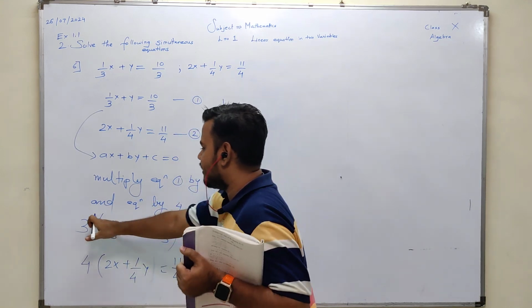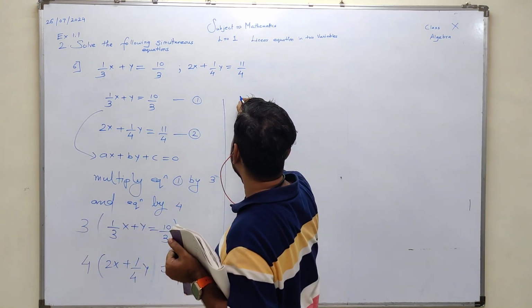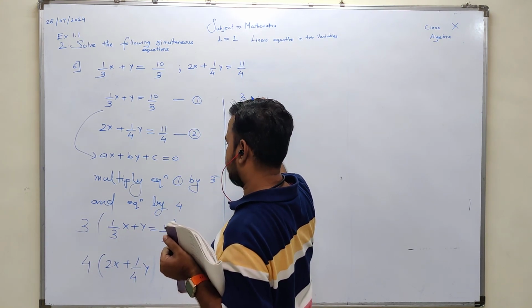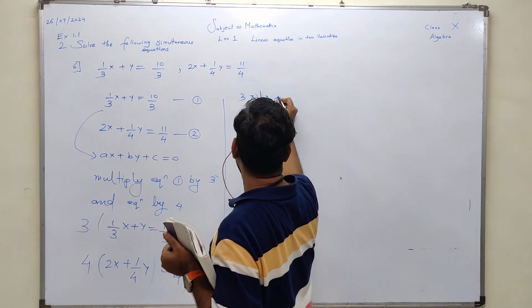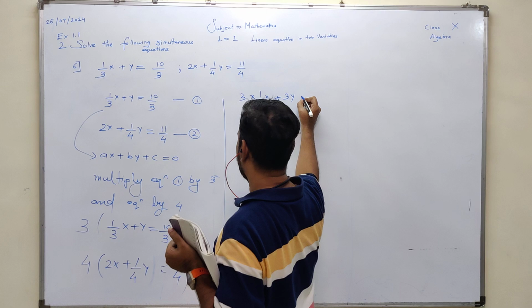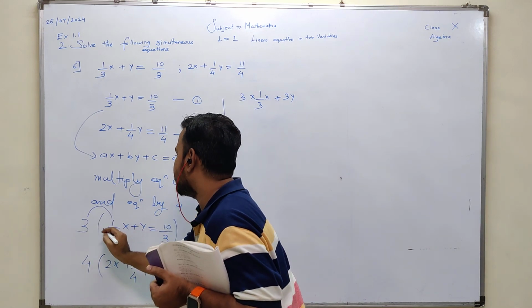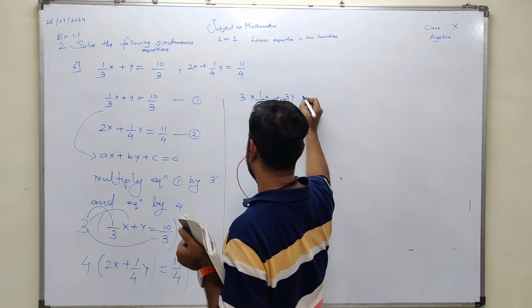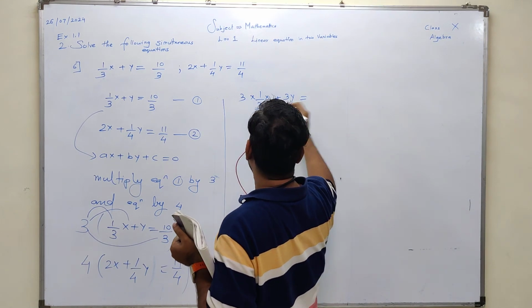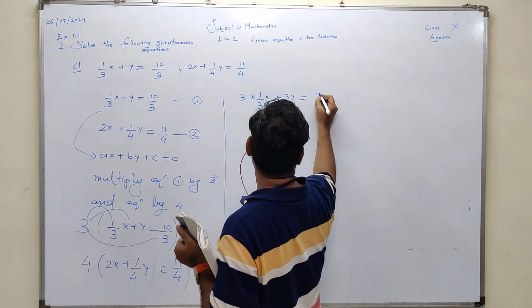When we multiply, this equation will become 3 multiplied by 1 upon 3x plus 3 multiplied by y. 3 will be multiplied to the first term, then the second term, and then the third term: 3y, then 3 multiplied by 10 upon 3.